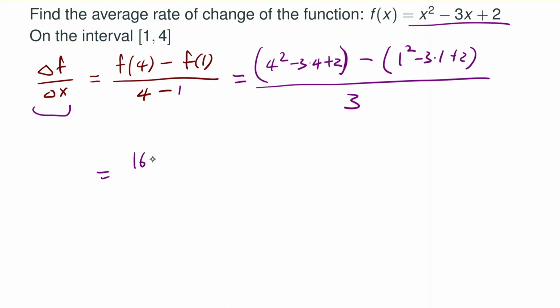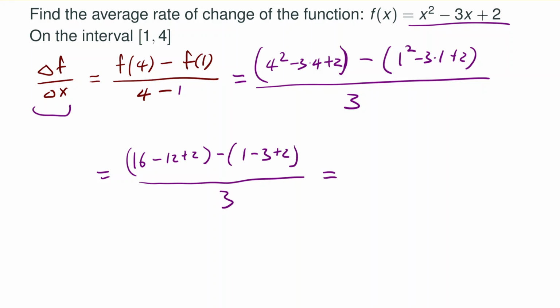We have 16 minus 12 plus 2, minus 1 minus 3 plus 2, over 3. Now this right here is 6, minus, this is negative 2 plus 2, so it's 0, actually, over 3. So then we get 2. So the average rate of change between 1 and 4 is 2.